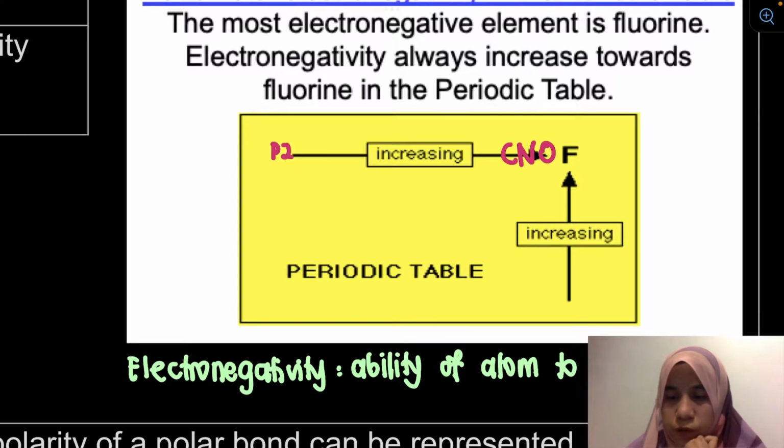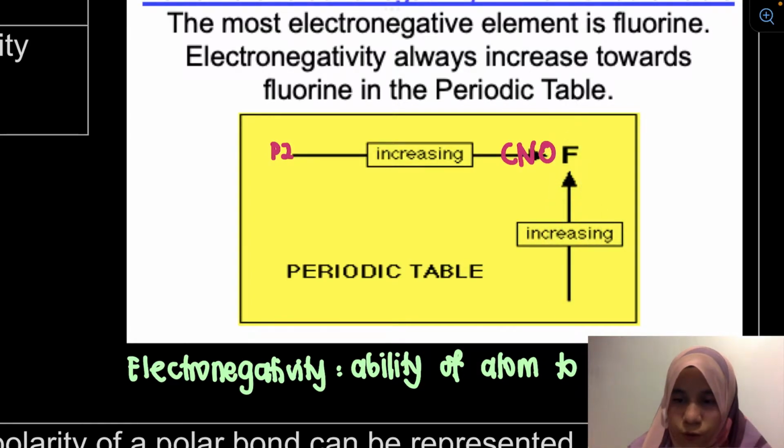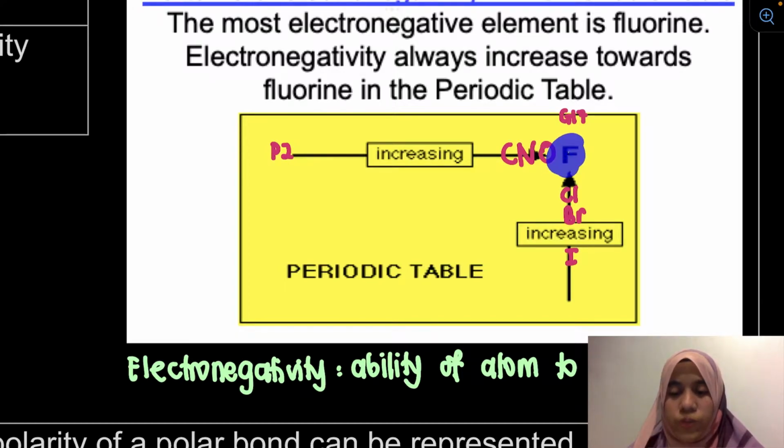Fluorine itself is a halogen in group 17. In group 17, we have fluorine, chlorine, bromine, and iodine. As we know, the electronegativity increases towards fluorine.